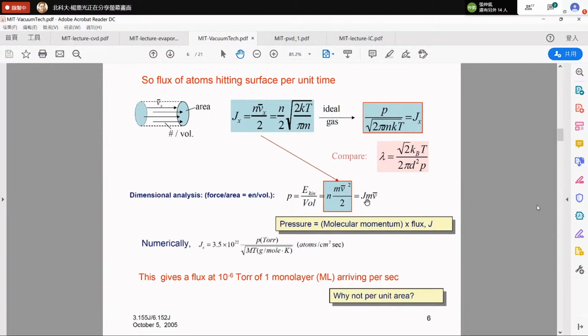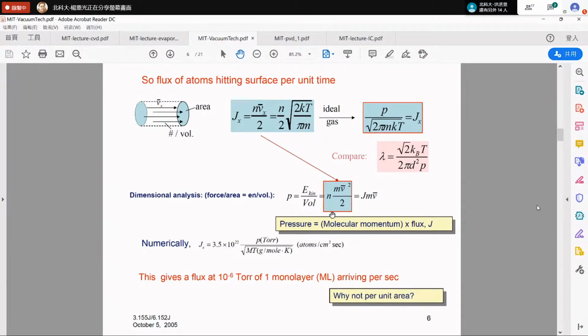This is the molecular momentum, and this is the flux, and that is the pressure. And the pressure is force divided by area, right? For a specific surface area, how much intensity of force. So that pressure can be expressed as the molecular momentum times flux.